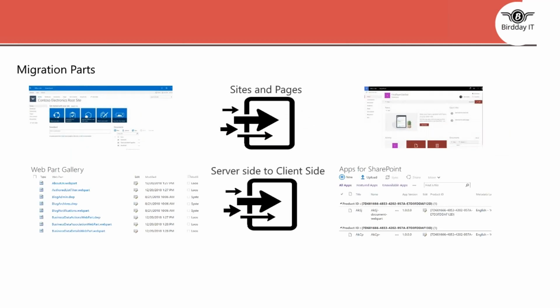The second element in the migration is the migration of the web parts, apps, workflows, timer jobs, search web parts, and so on. So all the available functionality in your SharePoint on premises. A major change of SharePoint in the cloud is that server-side code can no longer be used.